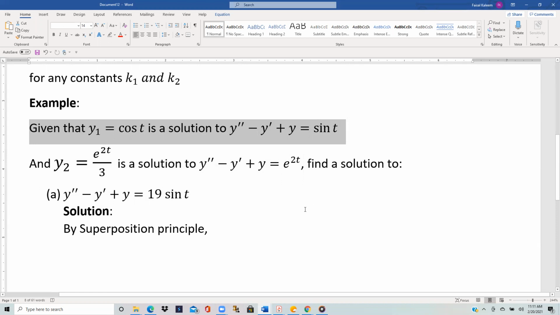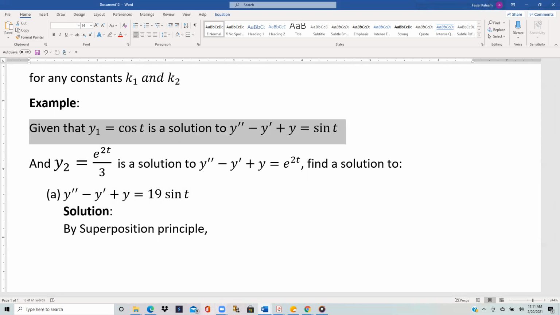Okay. So the only difference between this given equation and this required equation is that the right hand side is multiplied by 19. So if cos t is a solution of the original one, then if you multiply the right hand side by 19, then 19 cos t will be a solution of the new equation.